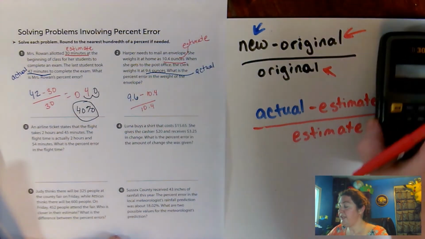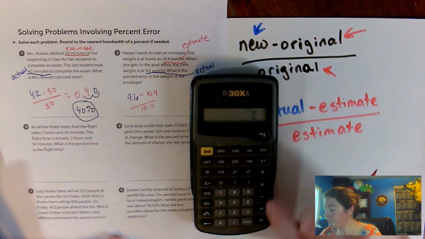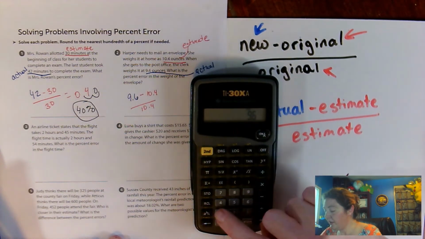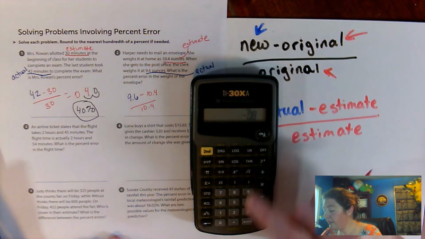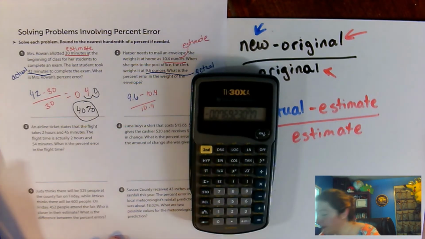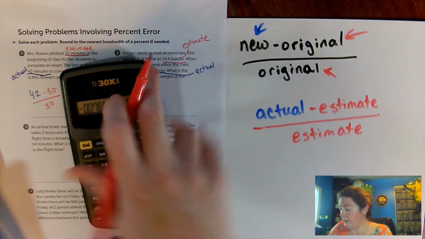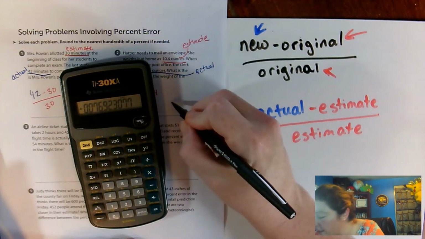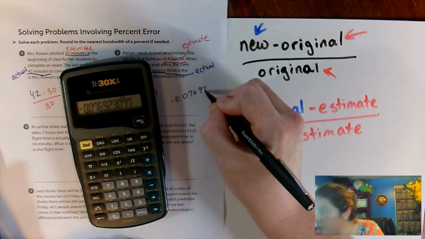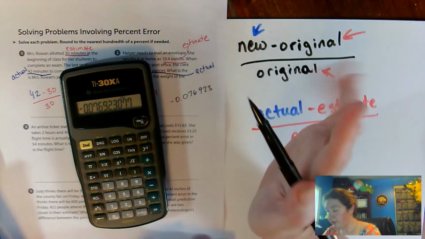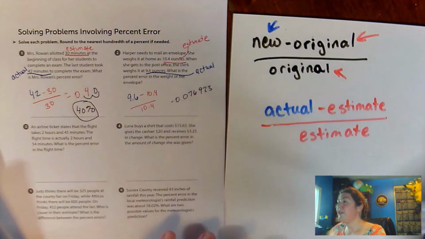Let's use our handy dandy calculator, see what we get. 9.6 minus 10.4 divided by 10.4, it gives me negative 0.076923, yada yada yada. Okay, that's okay, because I know how to change this.